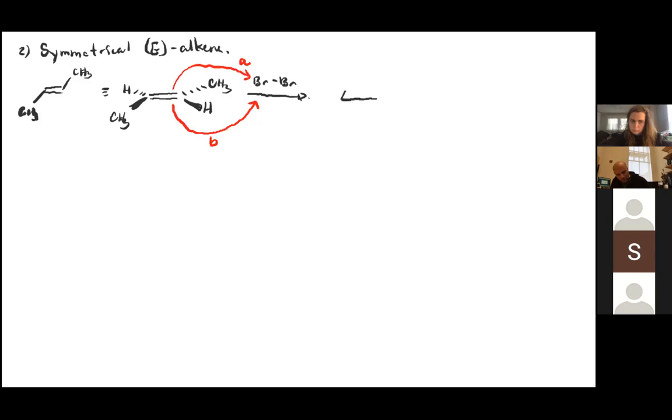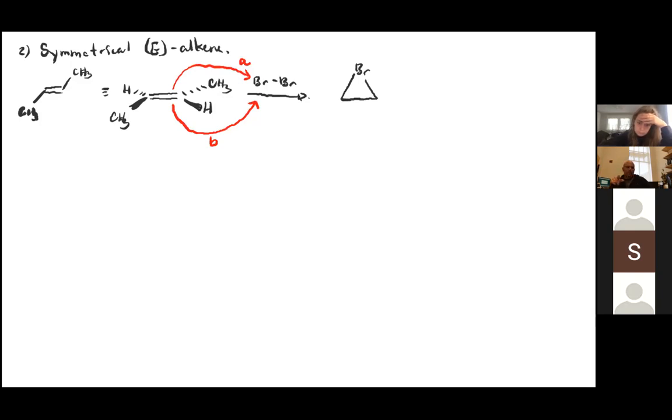Wait, so when we're doing this, we always draw both paths? Like when we're doing these, we draw both A and B when we attack with the bromine. So no, if we want you to do that, we'll specifically ask you to.